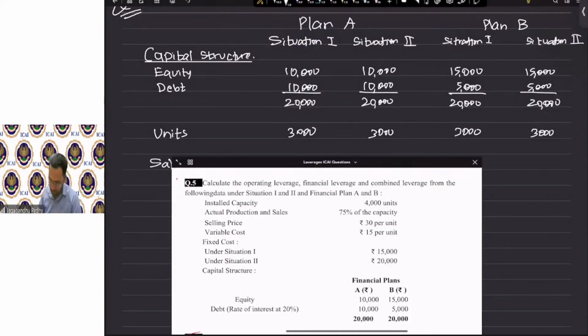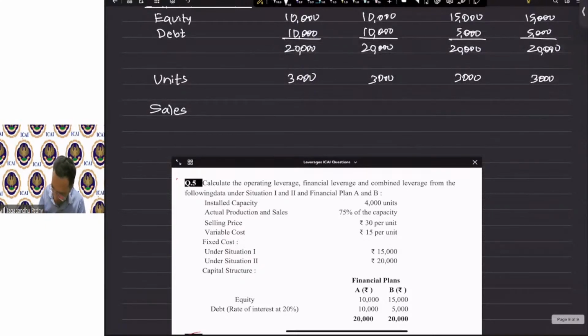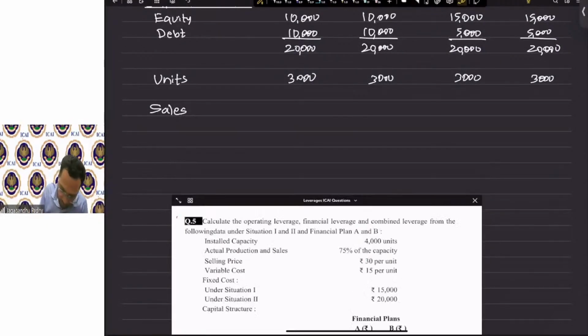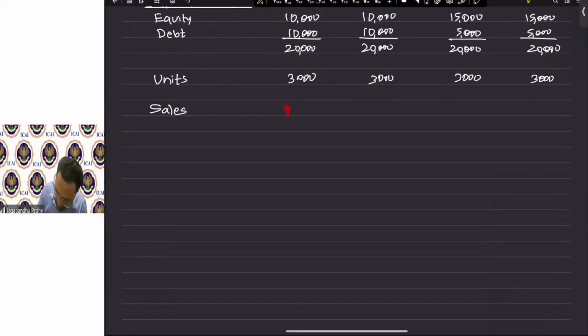That gives you a sales figure of selling price 30 multiplied by 3,000, which is 90,000. So sales is similar for each one of them.